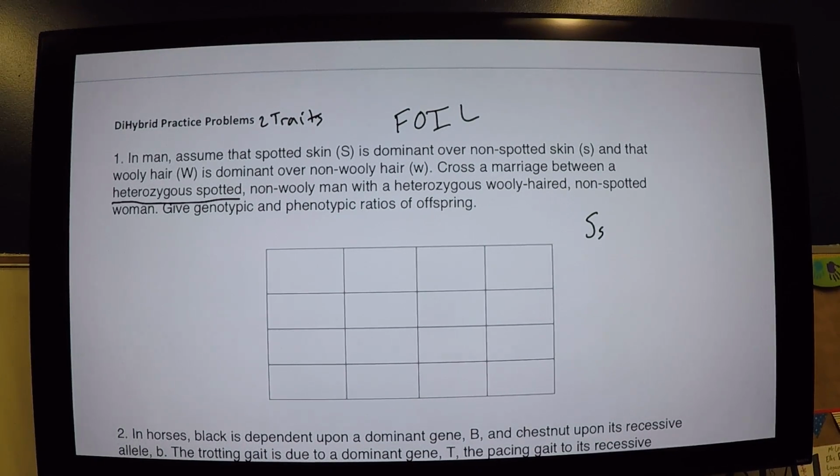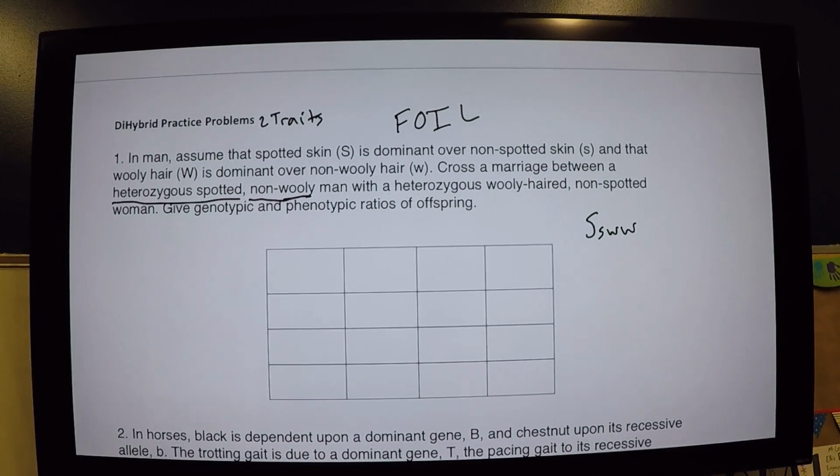So it's a recessive phenotype. Remember earlier that means it has to be little to show that. So we're doing 2 traits. Don't ever cross the S's and the W's. Keep the S's together. Keep the W's together. Even in here, you want to keep the same letters together because that's how they appear on the genome.